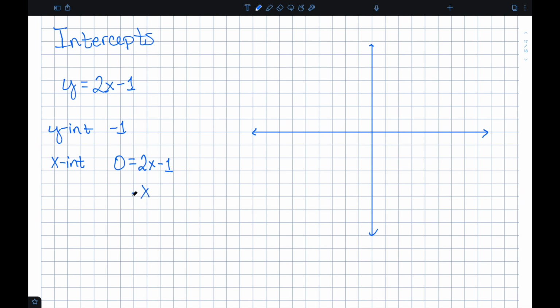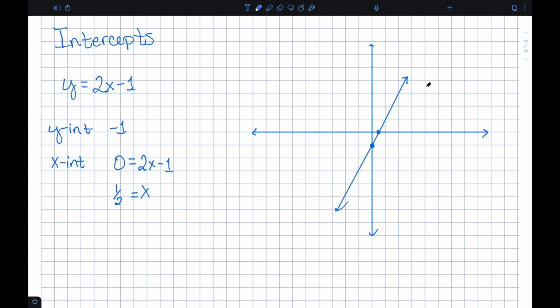I'm going to skip the steps, but if you solve this, you get x equal to 1/2. So while I cross the y-axis at -1, I cross the x-axis at 1/2. And then I can connect these 2 points and draw the line between them. So these are my 3 methods.